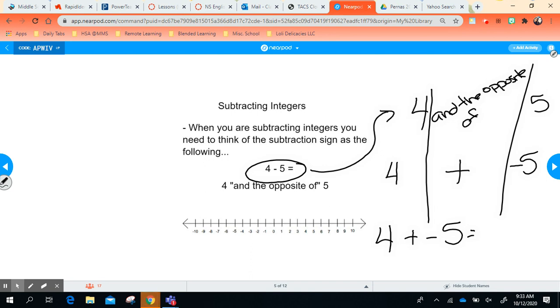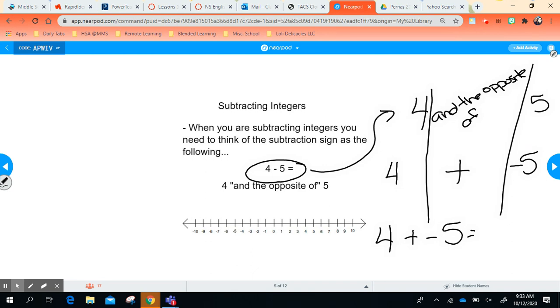Now you ask, why are you doing this? Well, because we've been learning our addition rules. So we want to be able to just have one set of rules that we're following. So if I have 4 plus negative 5, which number is my bigger number? 4 or 5? 5.